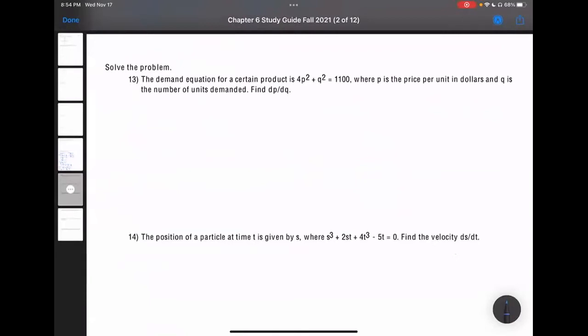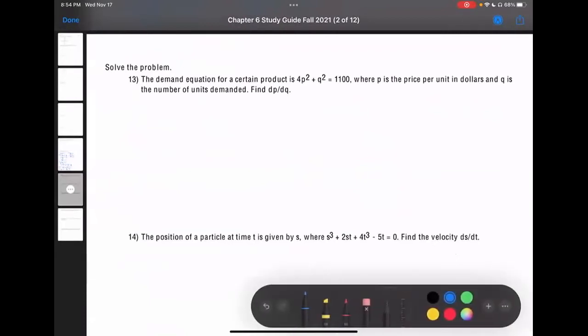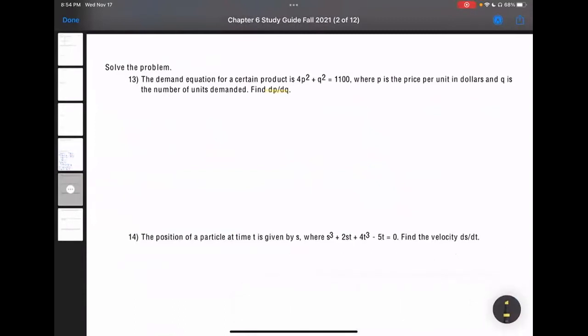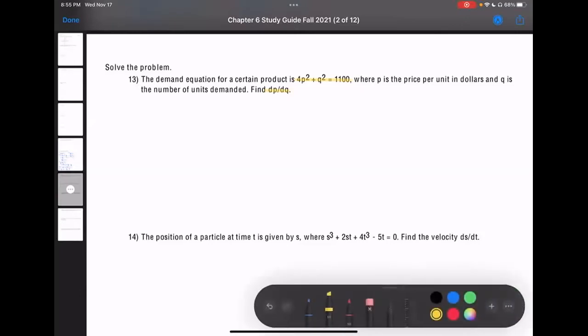First off, I'm going to highlight that we're looking for this dp dq, and the demand equation is an equation that's important for us.